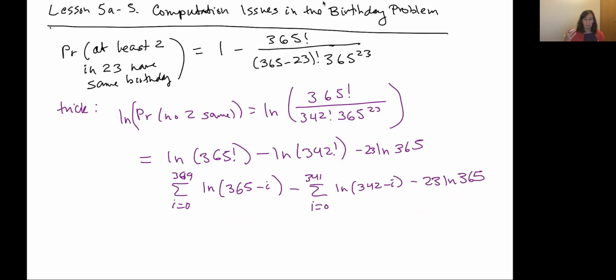And in part of your homework associated with this lesson, there's an R problem that's going to ask you to make a graph of those birthday probabilities as the size of the group increases. And it's even easier than you might think from this because R has a log factorial function built into it.